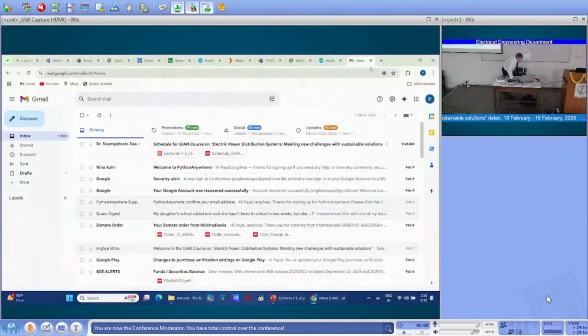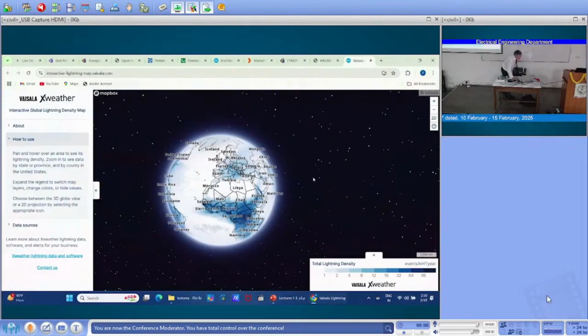Oh, this is another thing. This is the website of Vaisala, the manufacturer of these antennas for the lightning location system, and it provides the number of events per square kilometer per year.